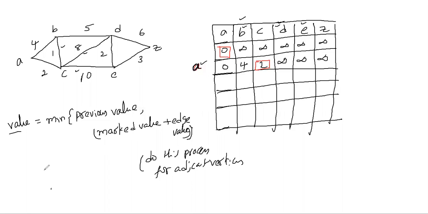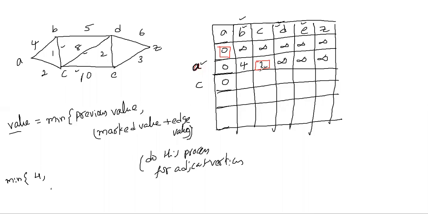Again the same thing. Which vertex is marked here? Column C. So write that C is here. Next, the 0 stays as it is. For the B vertex, what is the previous value? Previous value 4.